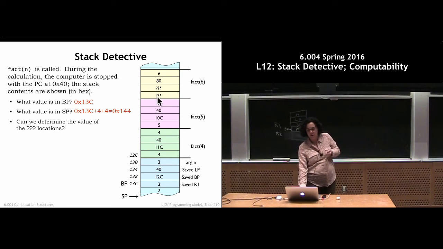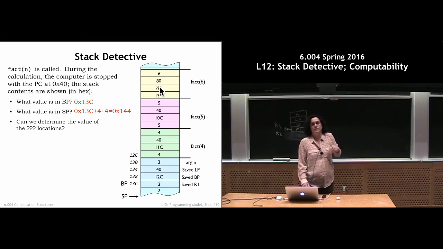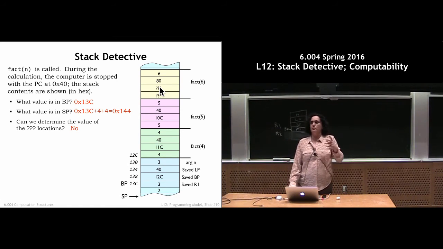So we don't know what value was in this R1 when it was being used in the main program. And we also don't know what the previous value of our base pointer was. Okay? All right. So that should give you, hopefully, a good sense of how to go about interpreting what's given to you when you're given a stack trace and a piece of code.